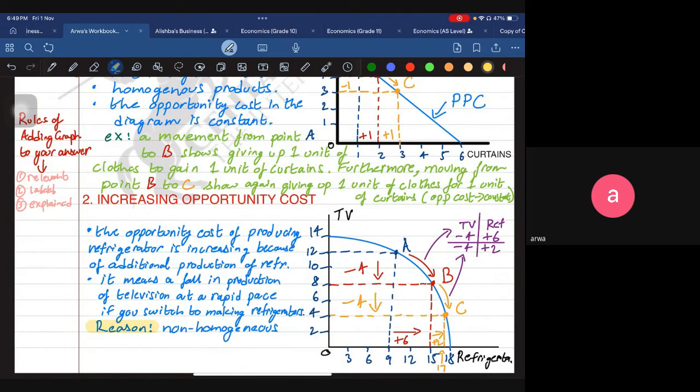But you see, it's not like that with the opportunity cost. To clear your point of view here, just do the opposite of it. If this was the A point, and this was the B and this was the C, and you are moving, so you are losing two here.